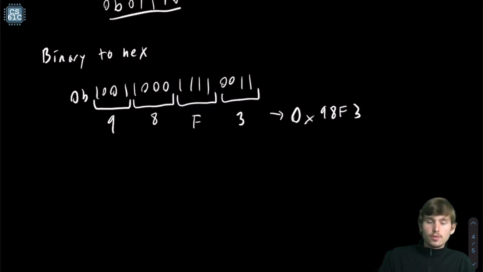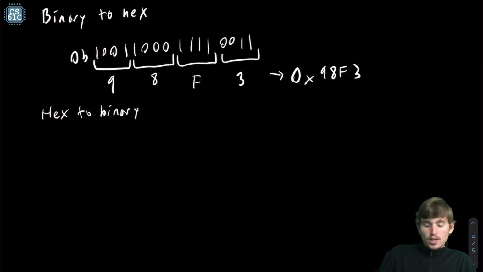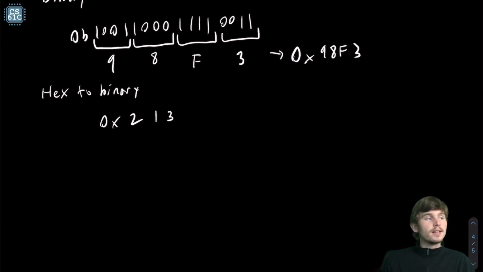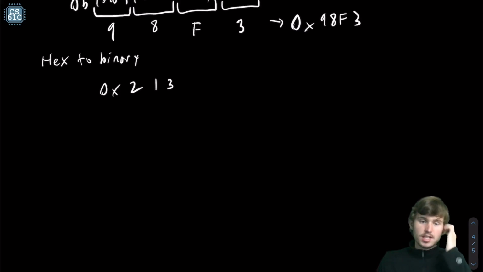Say I wanted to go from hex to binary. So say I had the value 0x, let's do something easy, 213. Once again, I just need to split this up into the different nibbles.